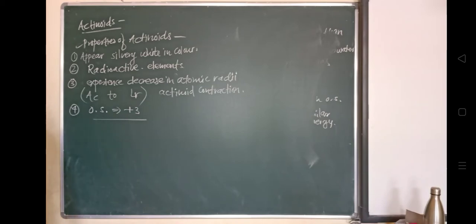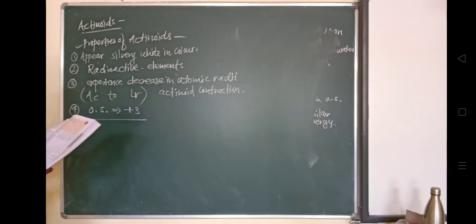In case of lanthanoids, only one element, promethium, is radioactive; all others are non-radioactive. So you have to remember this about actinoids and lanthanoids. We are also going to see the difference between actinoids and lanthanoids. There are similarities between them.